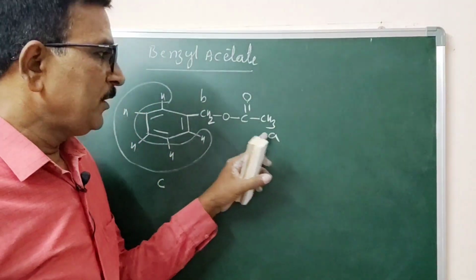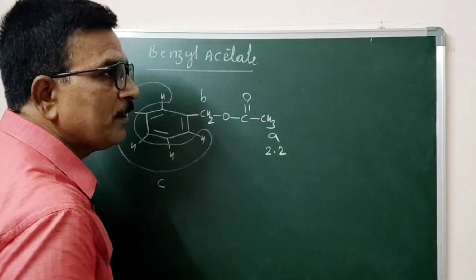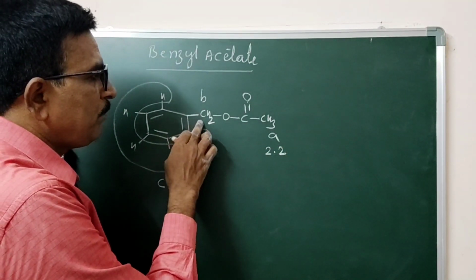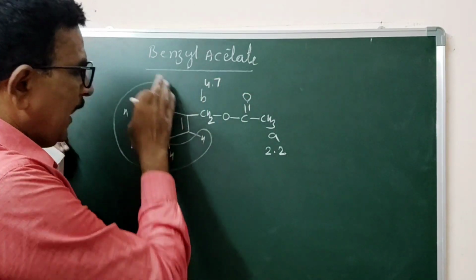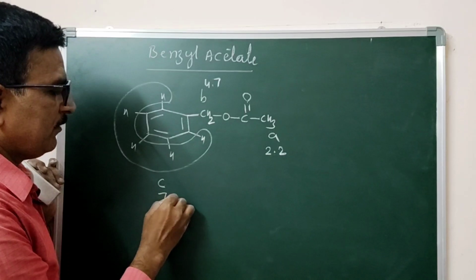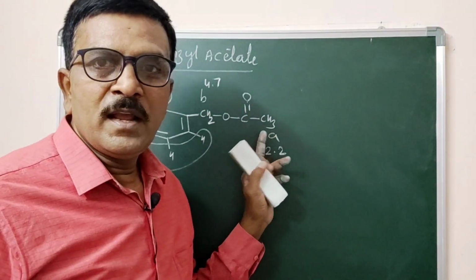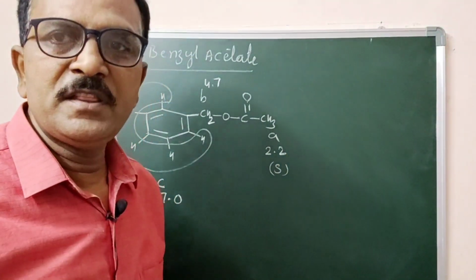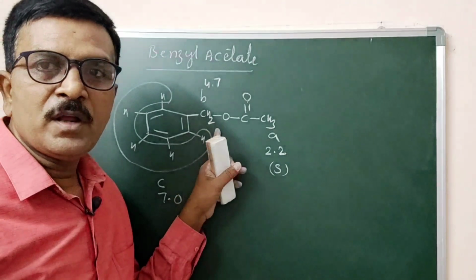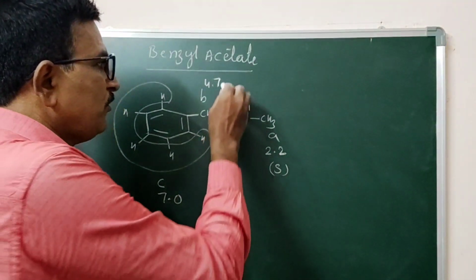Now coming to the values, A proton appears at 2.2 ppm, B proton appears at 4.7 ppm, aromatic protons appear at 7.0 ppm. Now A proton has no adjacent, therefore a singlet. B proton also has no adjacent, therefore a singlet.